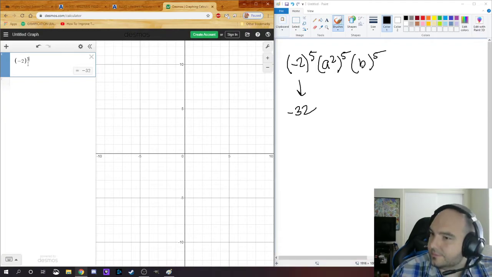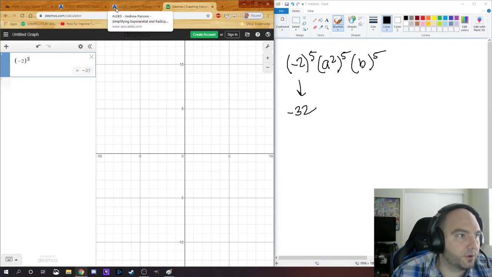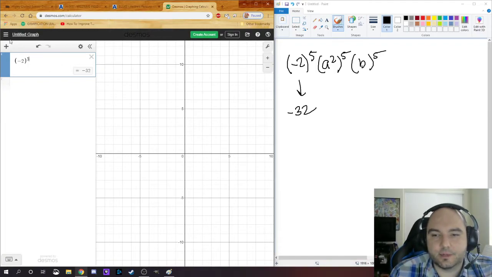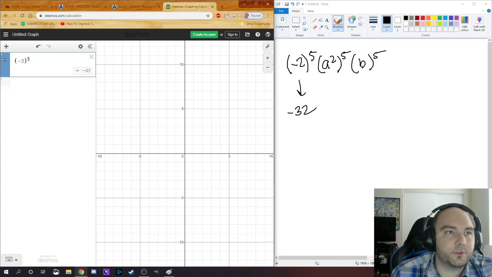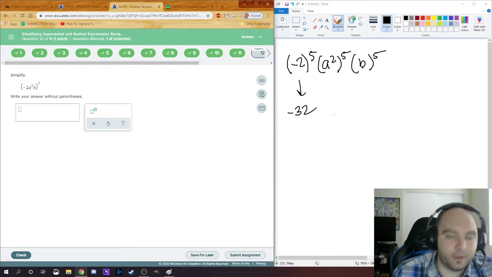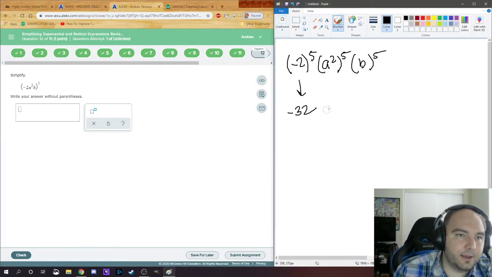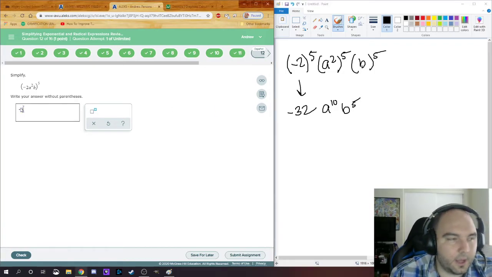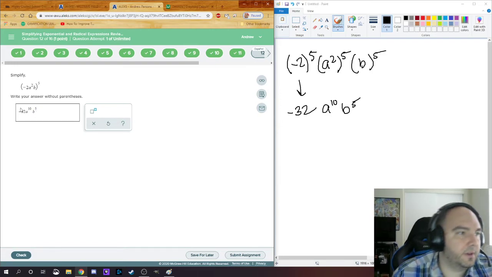Just put it in parentheses. You can be sure. Negative 2 times negative 2 times negative 2 times negative 2 times negative 2. There's 5 times it happens, so it flip-flops the sign a couple times, but it comes out negative. We've also got over here a to the 10 and b to the 5th. Negative 32, a to the 10, b to the 5th.